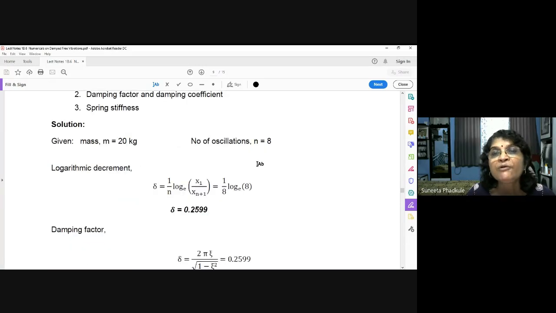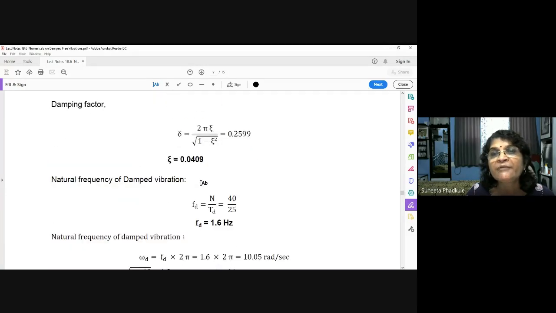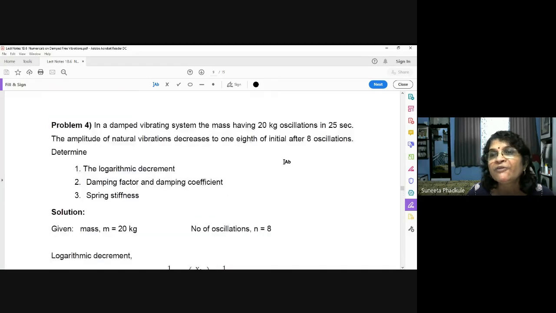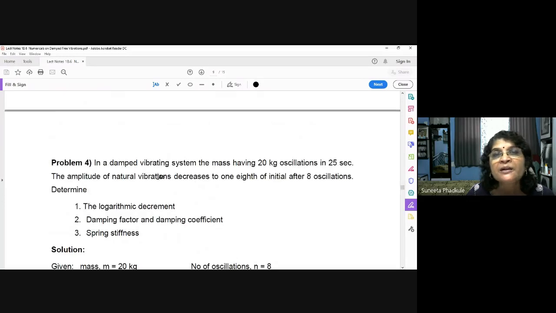So how will you find out? 40 oscillations in 25 seconds. That will give you fd. You understood? So please correct here, if you are writing, write down that in a damped vibratory system, the mass having 20 kg makes 40 oscillations in 25 seconds.